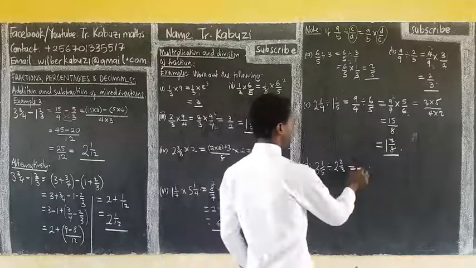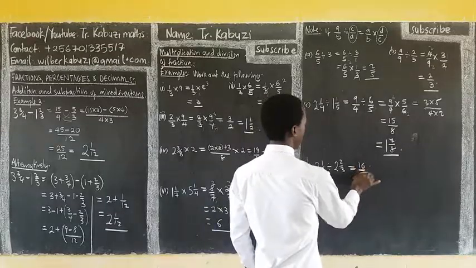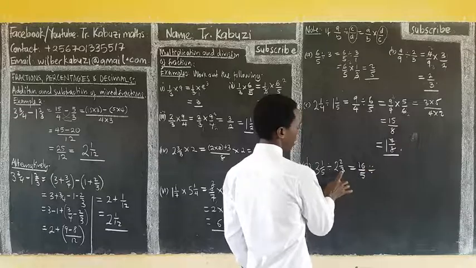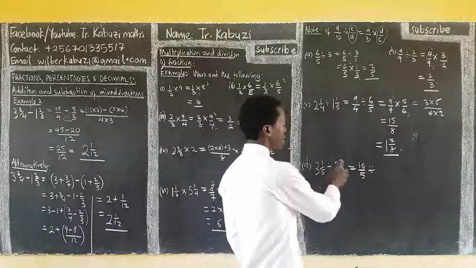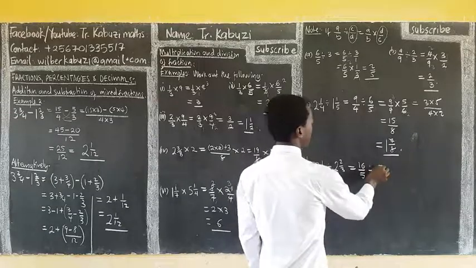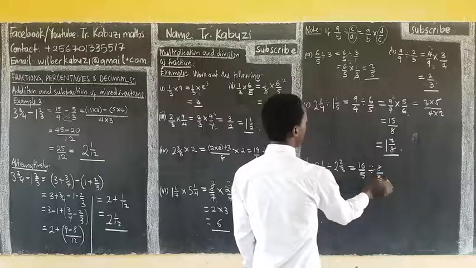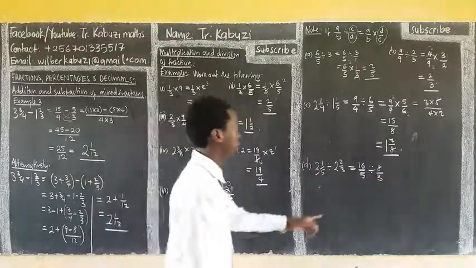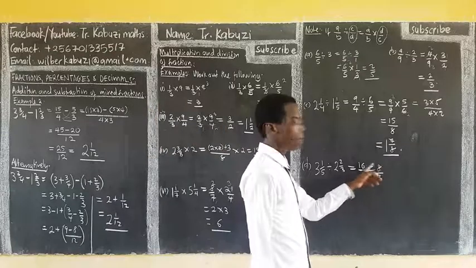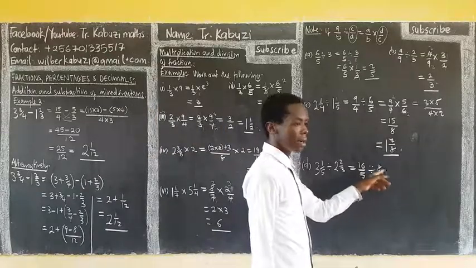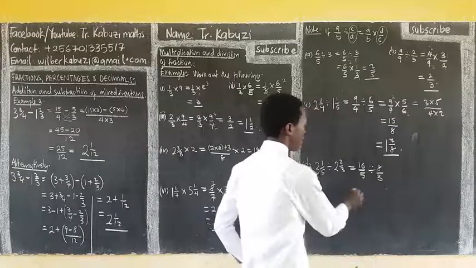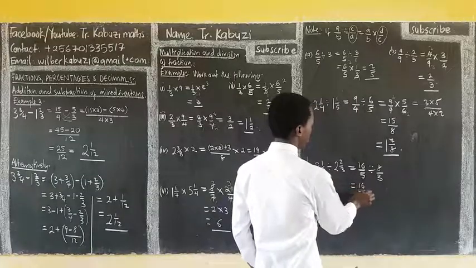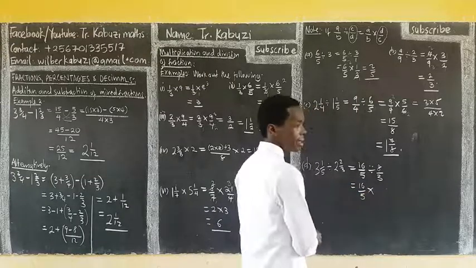We get now 16 over 5, divided by the other one, which gives us something over 3. As simple as that. What happens now to this? So this one will be now 16 over 5, then times.